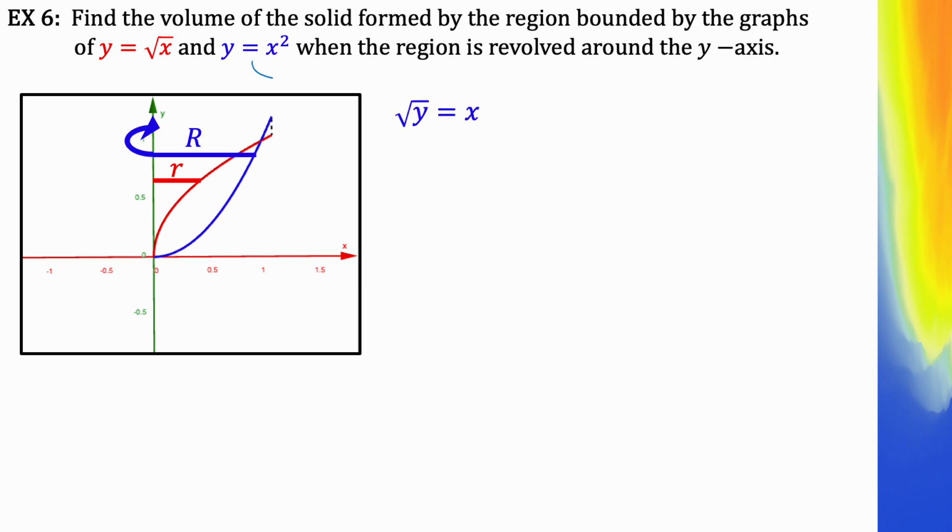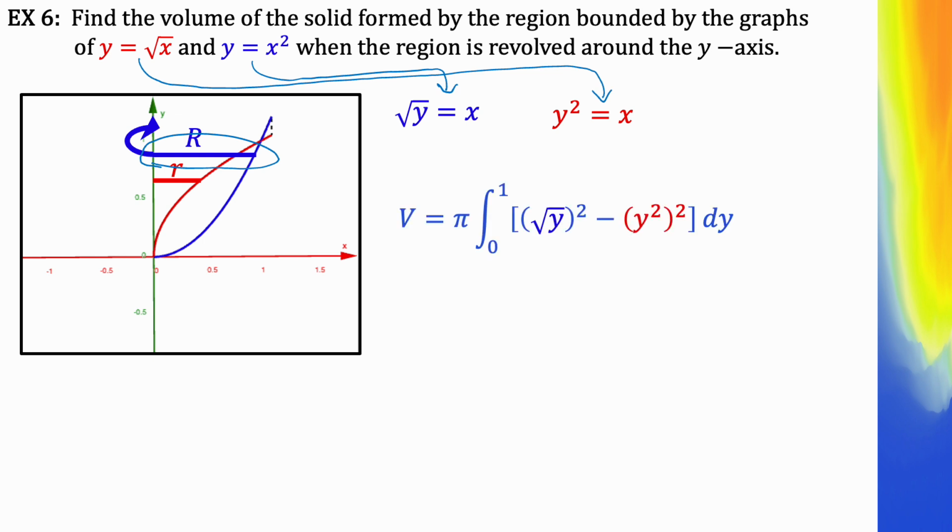So y equals x squared is going to be x equals the square root of y. So that's the height, that's that big R right there, going from the y-axis all the way to the blue function. And then y equals the square root of x becomes x equals y squared.